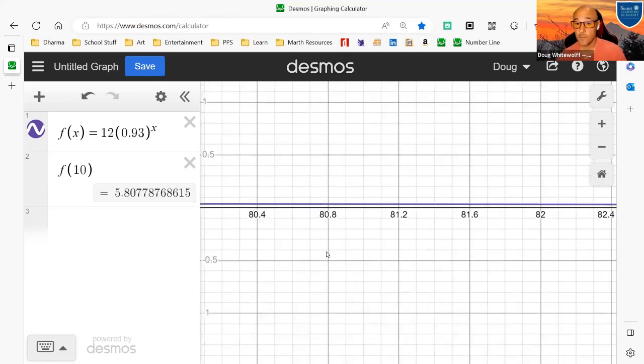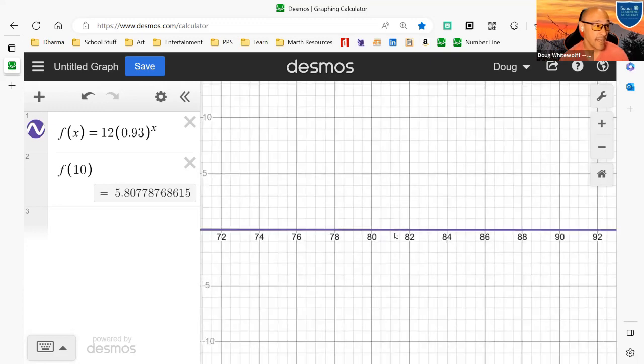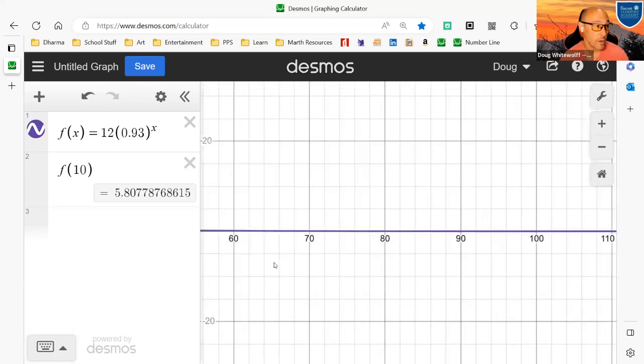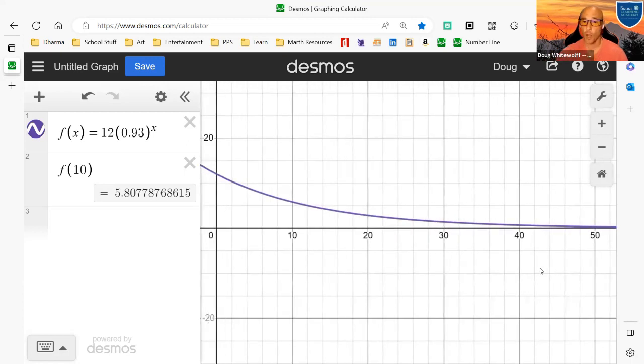Yeah, 10% of 100 is 10, and 10% of 50 is 5. So 10% of a very small number is a teeny tiny number. So it keeps decreasing by less and less. So it never, ever, ever will reach a value of 0.